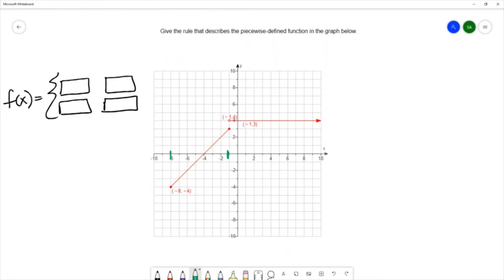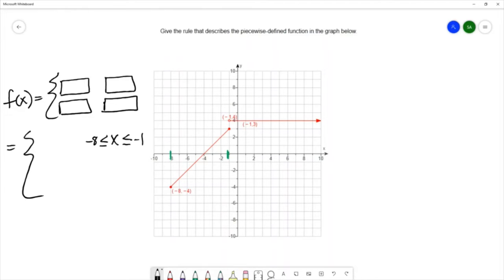So the conditions for that first equation are going to be that your x is going to be in between -8 and -1. So since the line started at an x value of -8 and stopped at an x value of -1, we're going to use that line whenever x is in between -8 and -1.